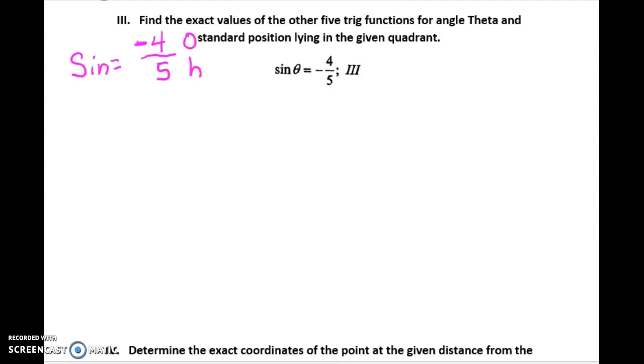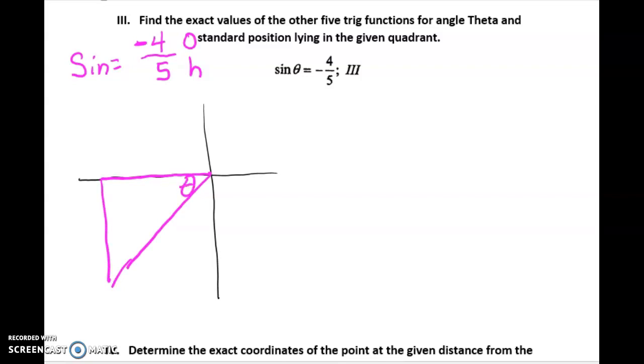Okay, in section 3, it says find the exact values of the other 5 trig functions for theta in standard position lying in the given quadrant. So I'm going to draw an angle in quadrant 3, and so here's my angle in quadrant 3.